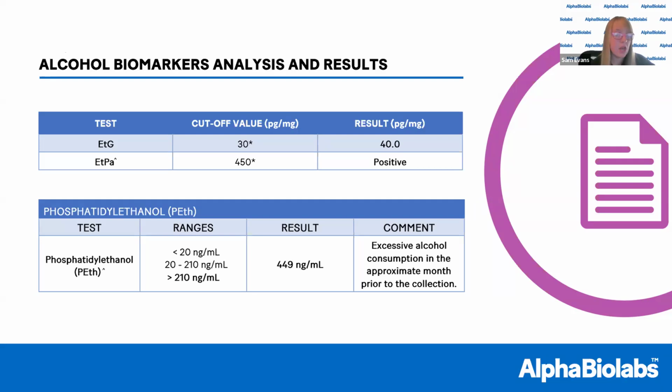So in this case, the combination of hair alcohol biomarkers and PEth testing results meant that we could conclude that the disclosed binge drinking episodes alone would not account for the findings, unless such episodes were more frequent and intense than stated. This is further supported by the fact that the PEth remained elevated despite the binge events occurring more than 7 weeks prior to the sample collection. And the sample donor also declared a typical alcohol intake of only 1 bottle of wine per week.